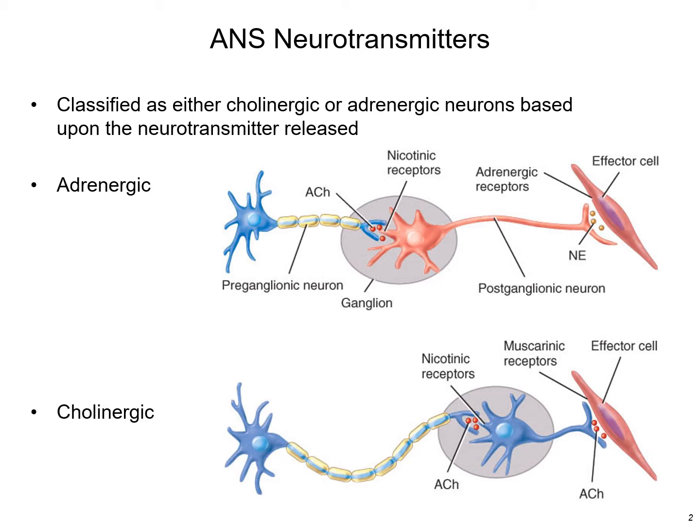So here is the red color coding for a sympathetic postganglionic neuron, and look at the label. NE means norepinephrine, and here is a cholinergic set of neurons releasing acetylcholine.